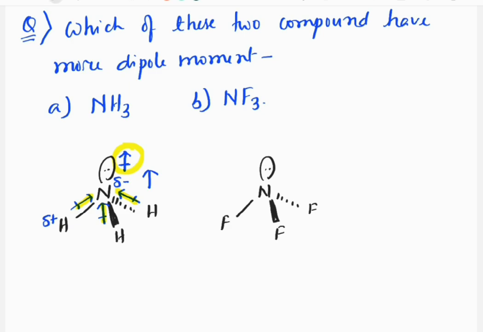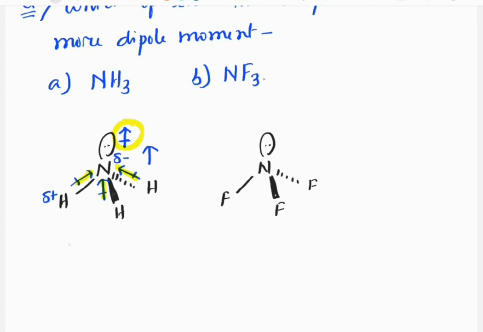So the resultant of these four vectors will be the sum of these three plus this vector. That means in this case mu will have some appreciable value.